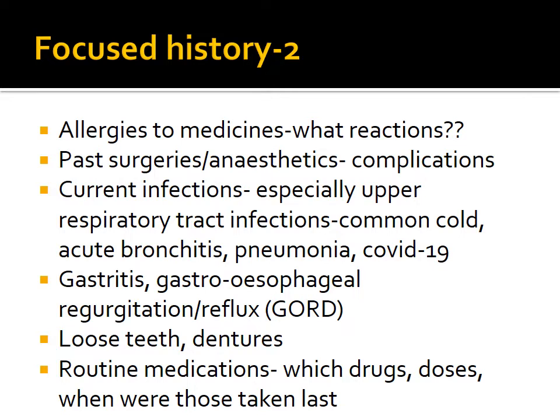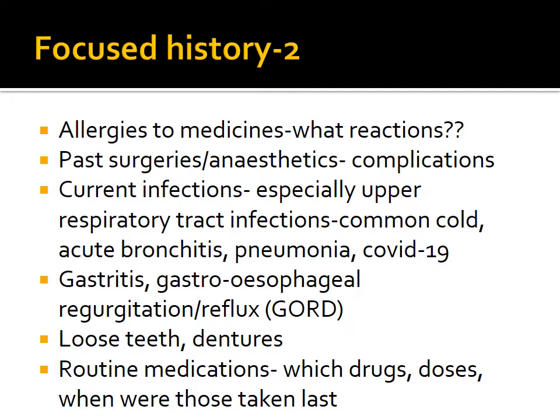But once the patient is anesthetized, the patient is not conscious and has no airway control or airway reflex. Therefore, the reflux stuff that is coming up from the stomach up the esophagus to the throat can easily go down the trachea and cause pulmonary aspiration. So it is very important to prevent that.